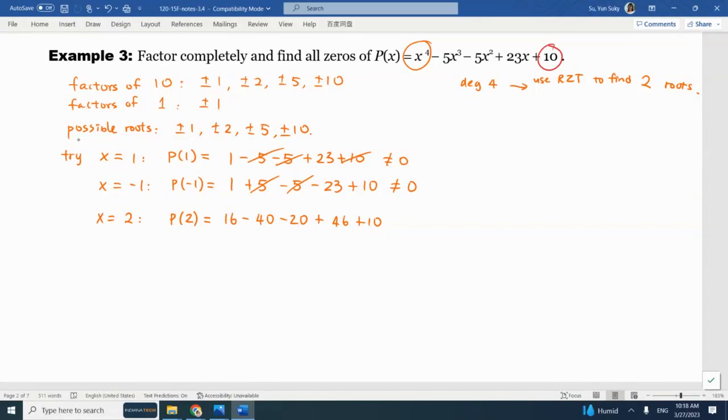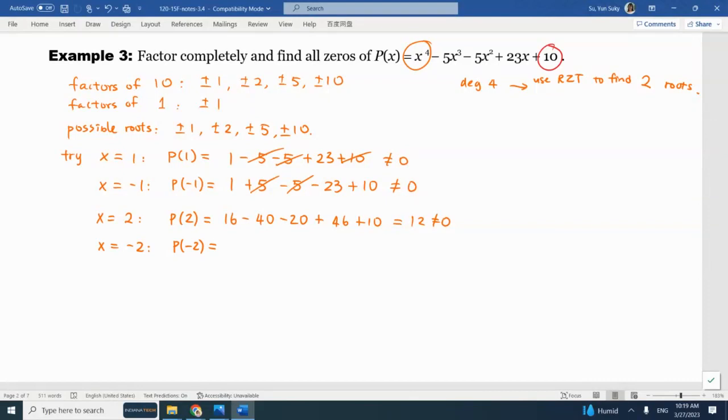Okay. Is it equal to 0? No. Right. So this is negative 60, right? And then this plus this is 62 and plus 10, 72. 72 minus 60 is 12, which is not 0. Keep going.